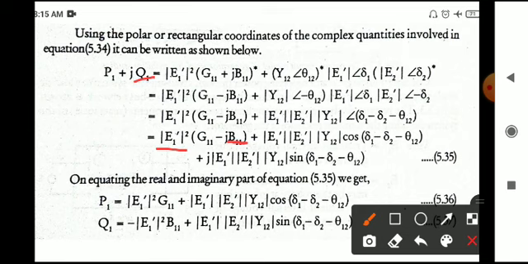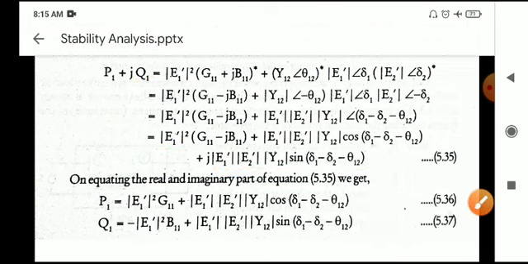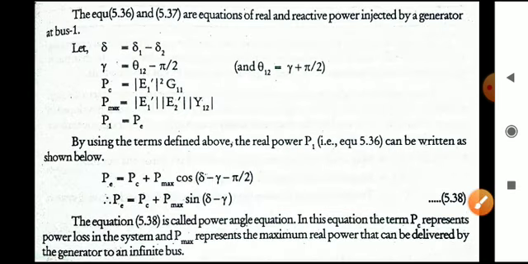The next imaginary term is plus E1 dash into E2 dash into Y12 into sin of delta 1 minus delta 2 minus theta 12. These previous two equations, the real and imaginary equations, are the equations of real and reactive power injected by the generator at bus 1.